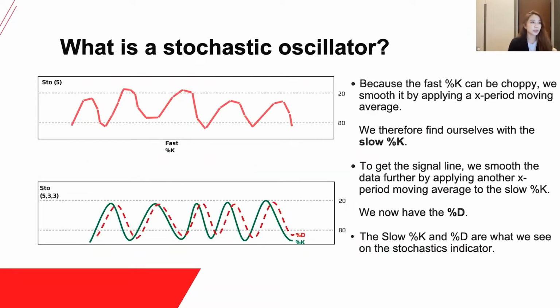Stochastics has two components: percentage K and percentage D, which are shown in the bottom figure.